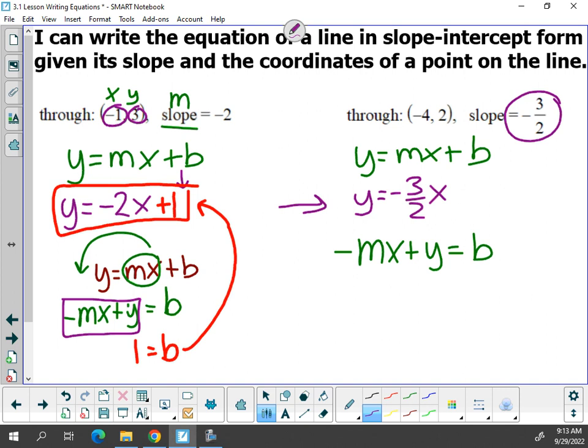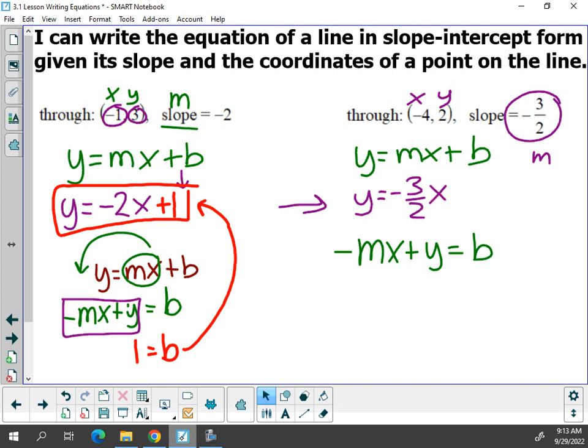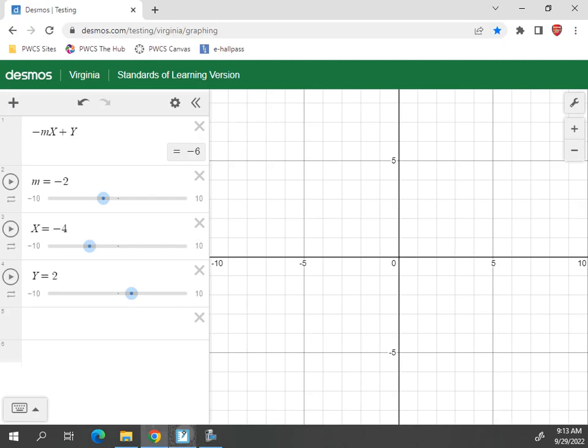And so again, I have negative mx plus y already in my Desmos. I can go change my values. -3/2 for m, -4 for x, and 2 for y. And -3/2 is -1.5.